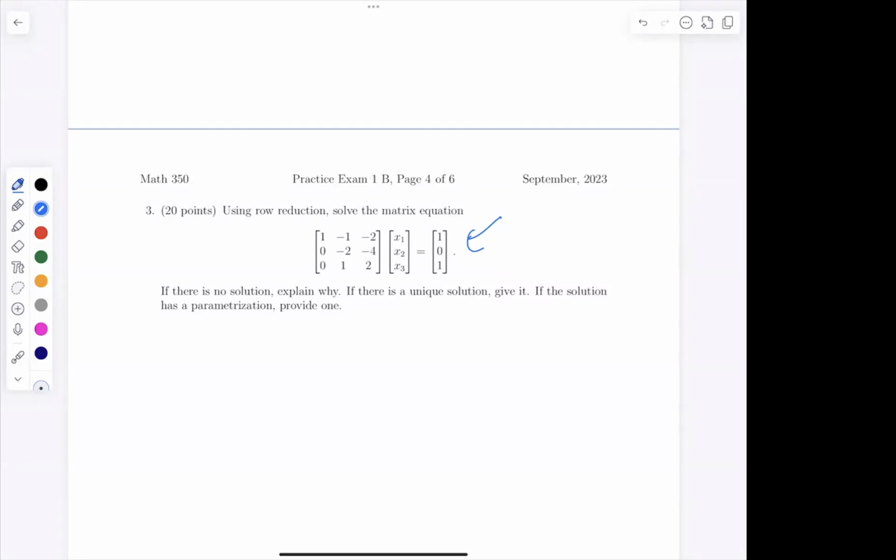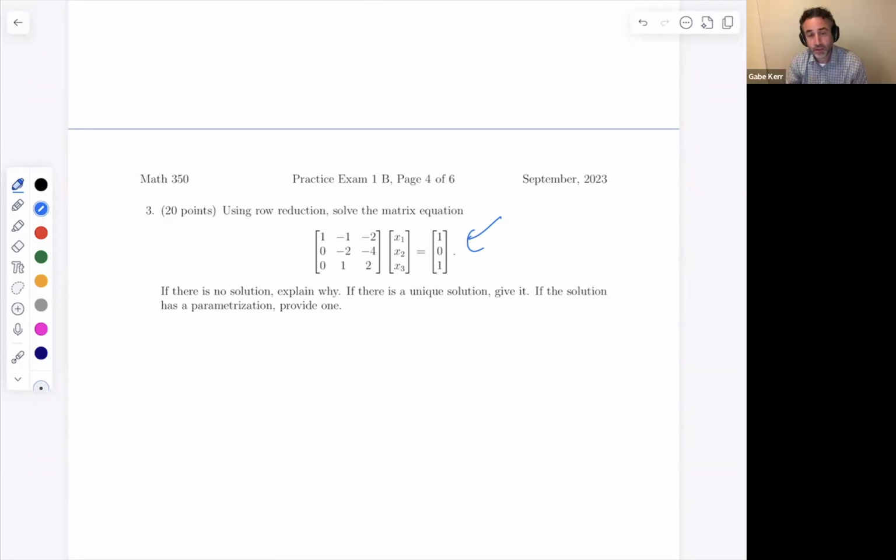Just one real quick question, looking at reducing this one. If we do an augmented matrix, does the augmented column count as a pivot? A good question. Let's look at the reduction of this matrix.